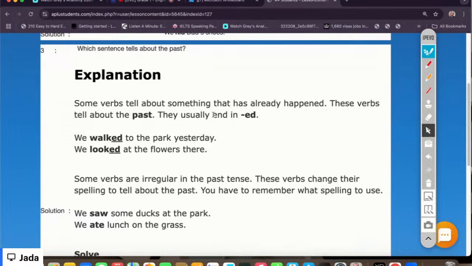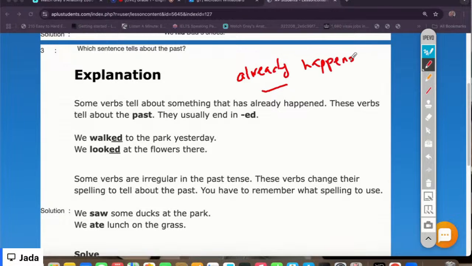Alright, some verbs tell about something that has already happened. So, already happened. These verbs tell about the past. They usually end with ed. So, if the verb is telling you about something that has happened already, it is telling you about the past and it ends with ed.